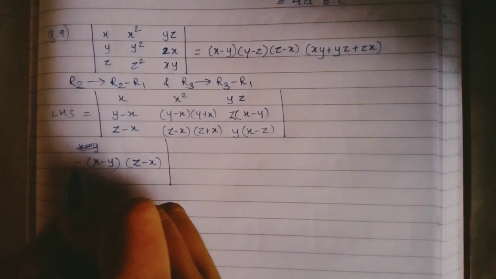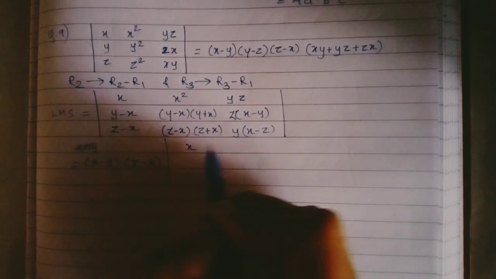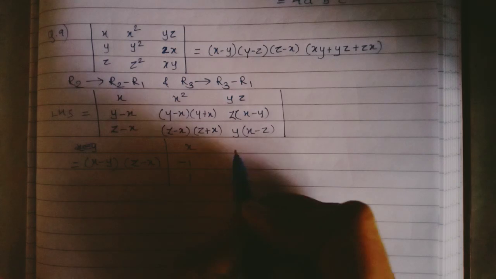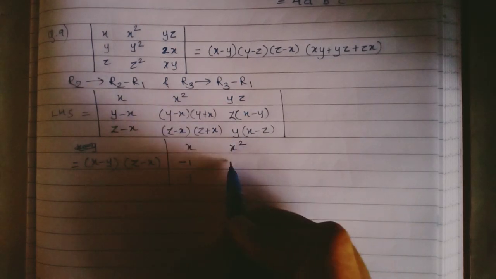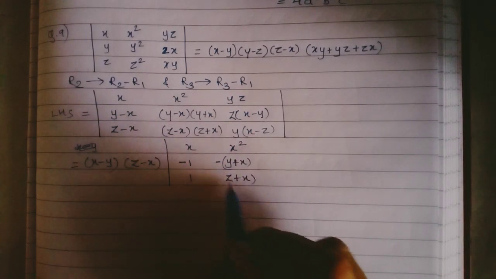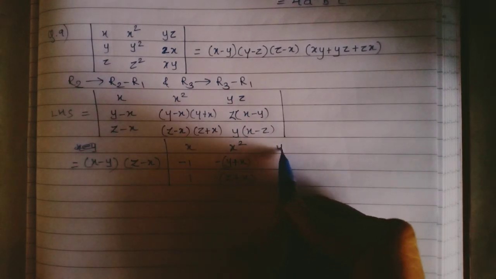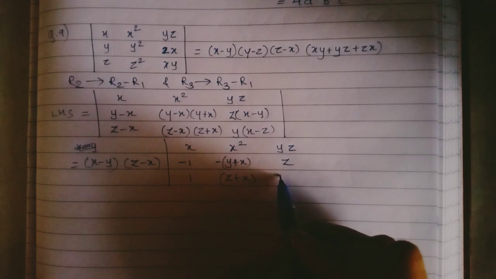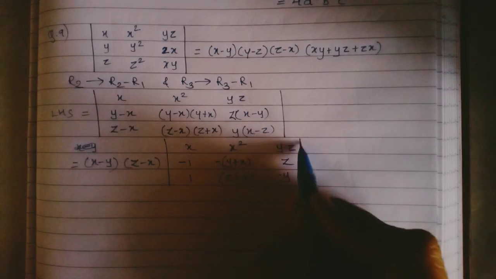So inside you will get x, this will be minus 1, this is 1, x square, this will be y, y plus x, that is minus y plus x, and z plus x. Here it is x minus y we are taking out, so z and y.